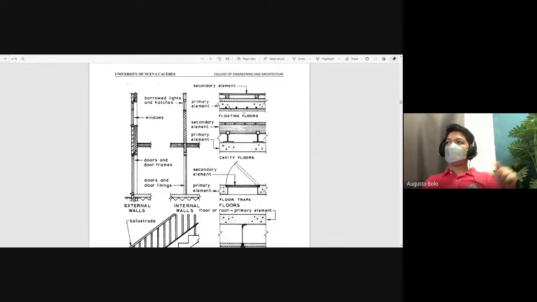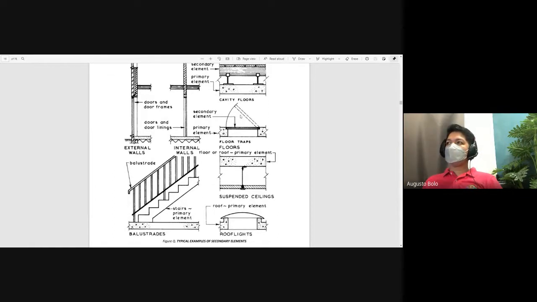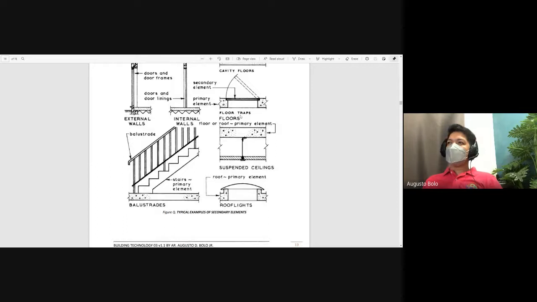So, floating floor is yung illustration. The same explanation, but magkaibang, syempre elevated yon kasi floating nga. It becomes secondary elements then. Ano pa? We have balustrades on your stairs. Suspended ceiling.